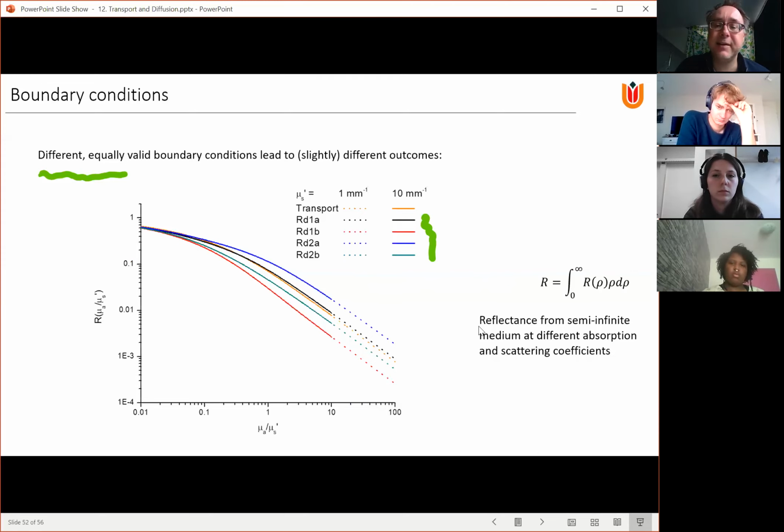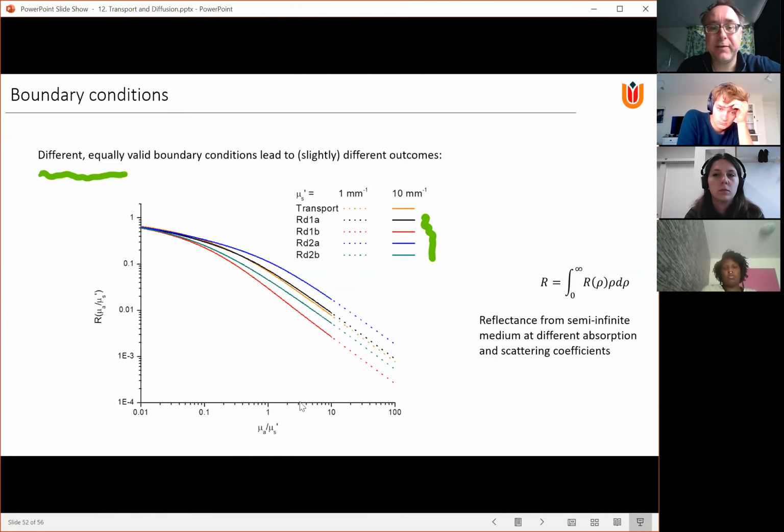What I calculated here is all the reflected light. The previous expression had reflected light at some location on the tissue surface. If we add up all these surface contributions, we get the total amount of reflected light, and that is what is calculated here. It's on the vertical axis. It is plotted as a function of the ratio of absorption and reduced scattering coefficient.